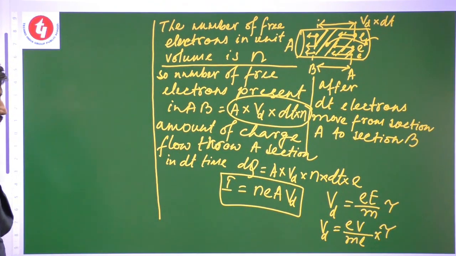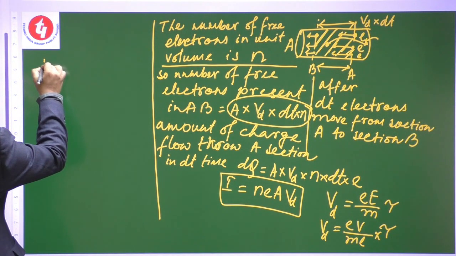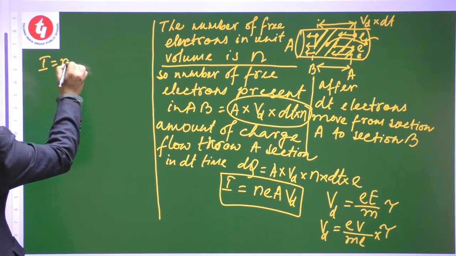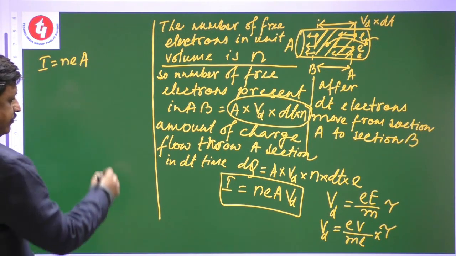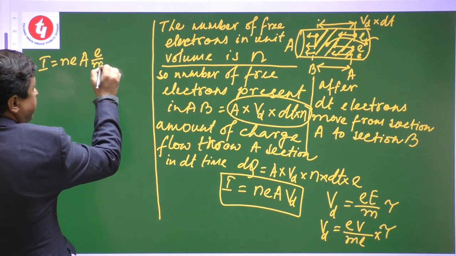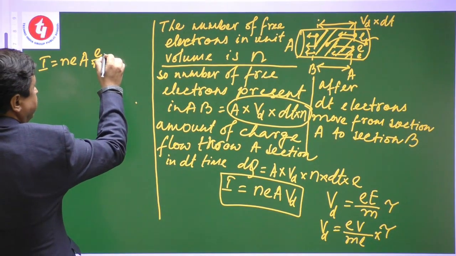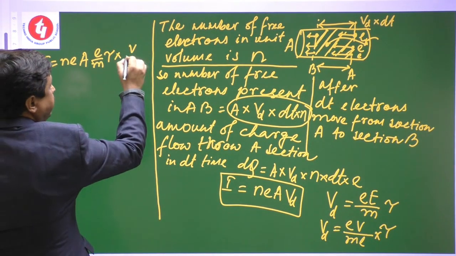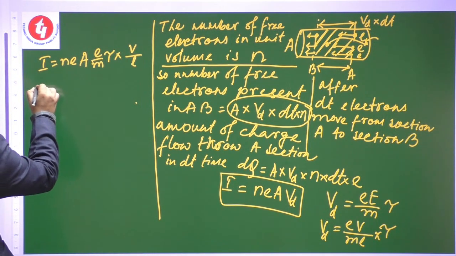So if we put this value in the equation I = nAe v_d, where v_d is (e/m) tau into V by L, what is the value of V?